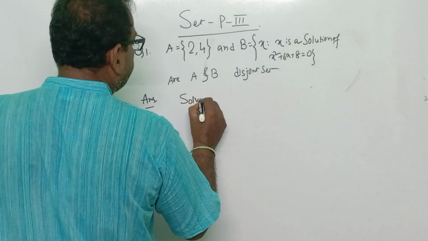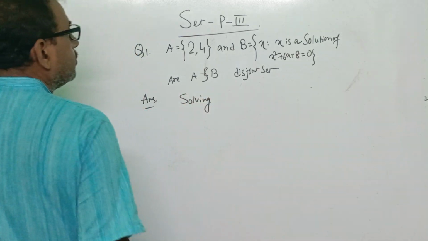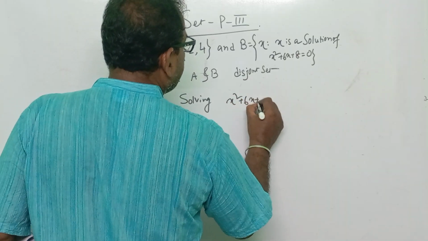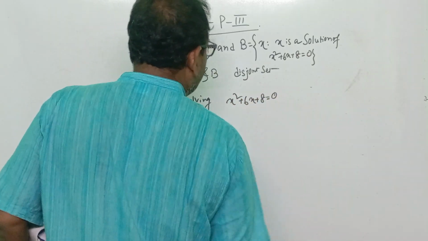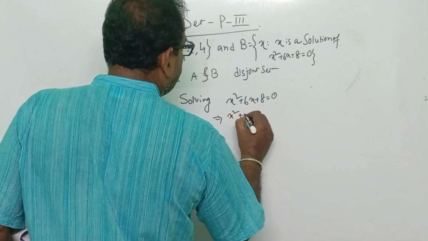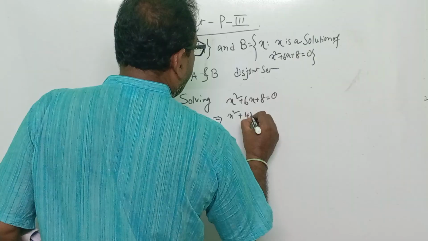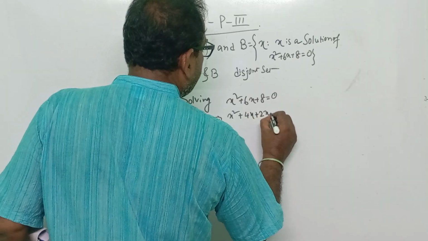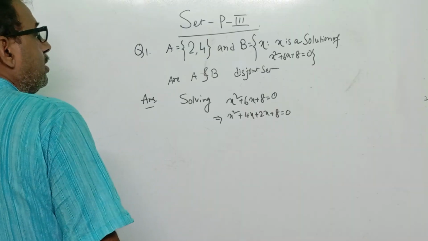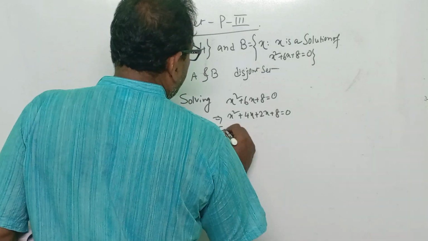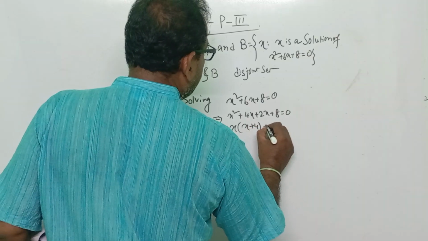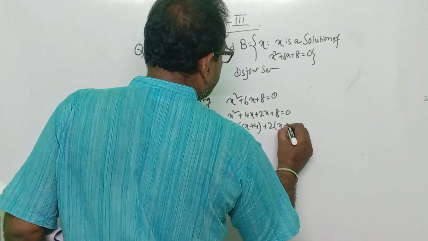Solving x square plus 6x plus 8 is equal to 0. Now x square plus 4x plus 2x plus 8 is equal to 0. What we do is factor the middle term: x into x plus 4 plus 2 into x plus 4.